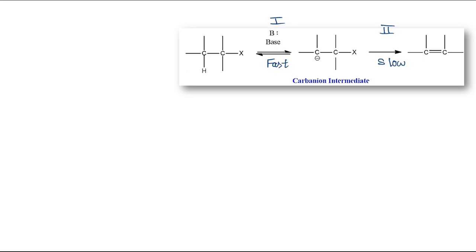In the first step, this is basically an alkyl halide, this carbon-hydrogen bond is broken and you get a negative charge over carbon. So this is the carbanion intermediate, and in the second step this carbanion makes a double bond between these 2 carbons. As a result, this X will be removed as a leaving group. So this is the mechanism of E1CB.